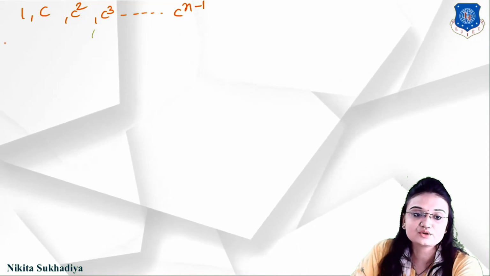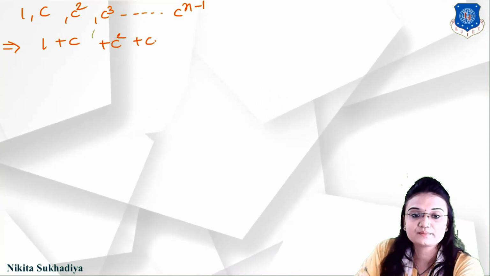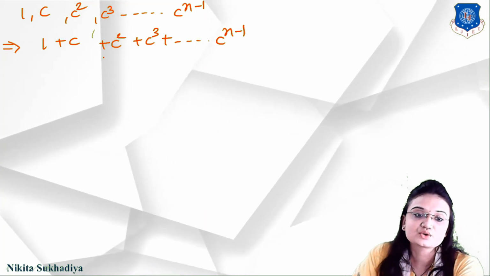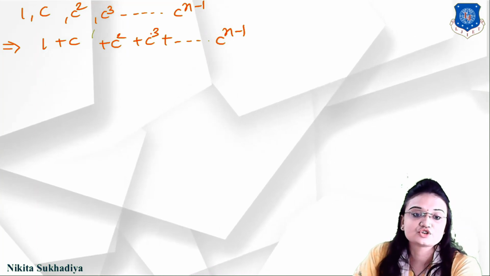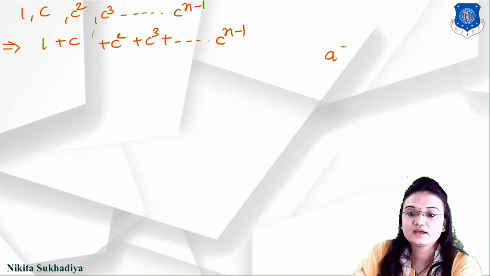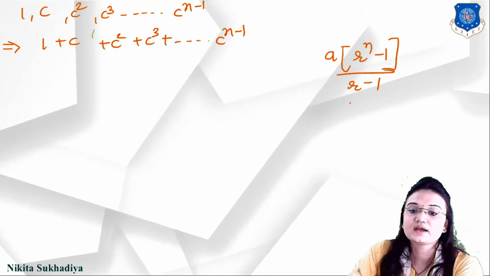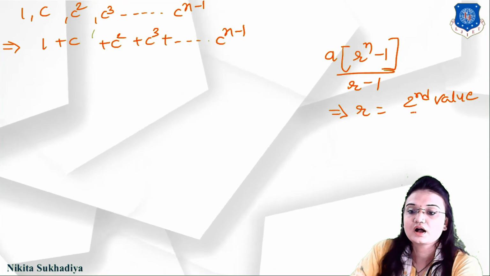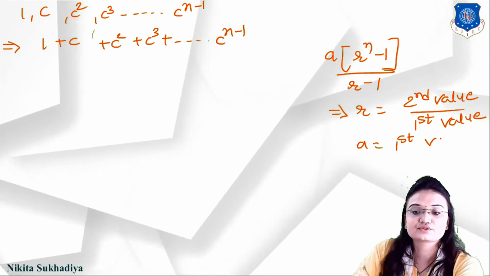Now our second question is that the sum 1 plus c plus c squared plus c cubed up to c raised to n minus 1 is 0. Here we have the formula for the sum of a geometric progression, that is a(r^n minus 1) upon r minus 1, where r is the second value upon the first value, and a is the first value.